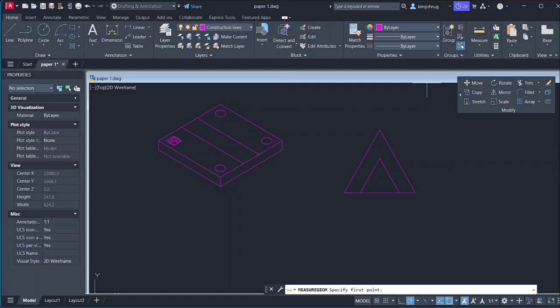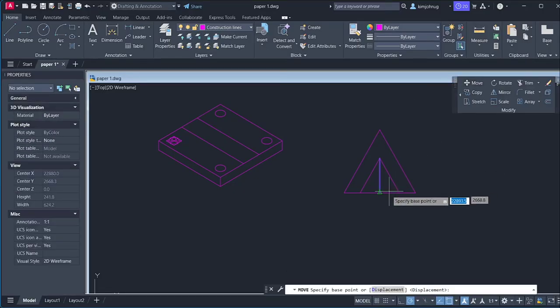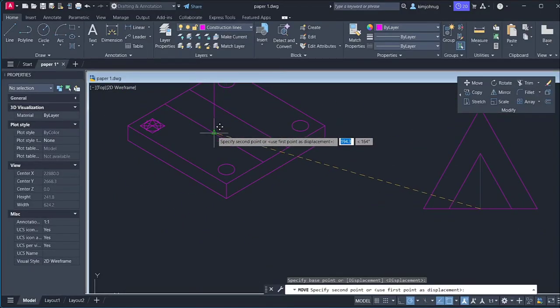I want to draw that line there. So I'm going to move this line. I select it, move, basing on the base. So I select the base, then I bring it here to the center.